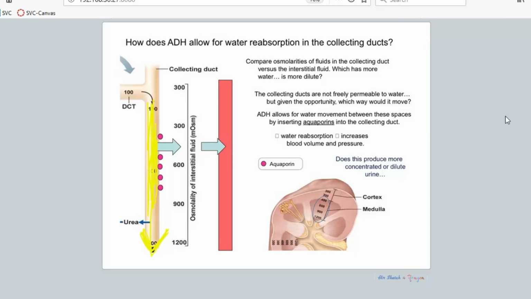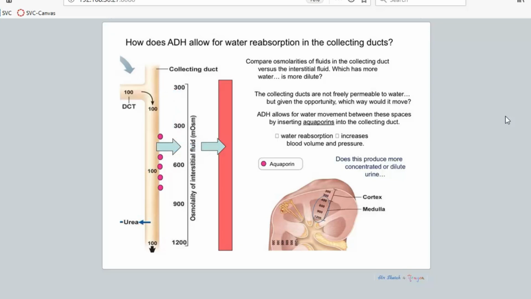Now what happens with anti-diuretic hormone, oh, and by the way, when water is traveling down this collecting duct, it is not freely permeable to water. Water can't just move through here and do its thing. There actually have to be these little molecules that are inserted in the collecting duct that allow water to move from the collecting duct back into the blood.